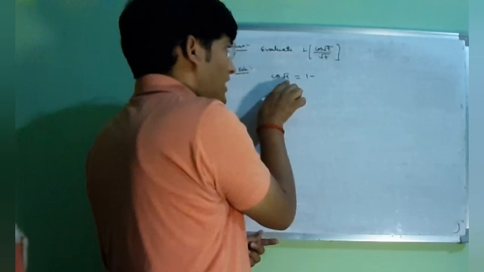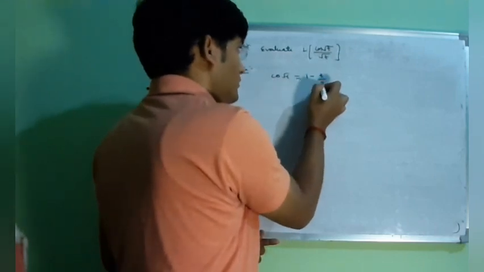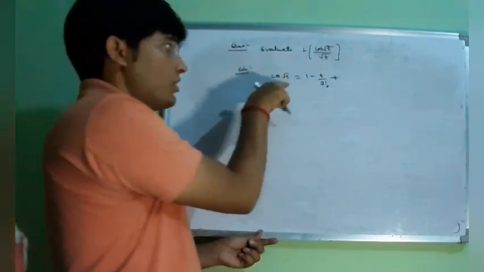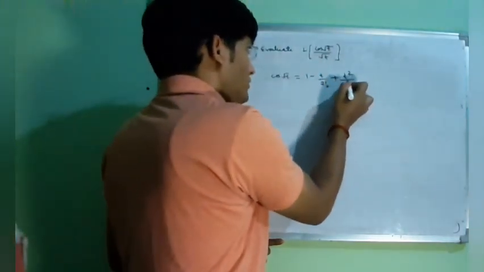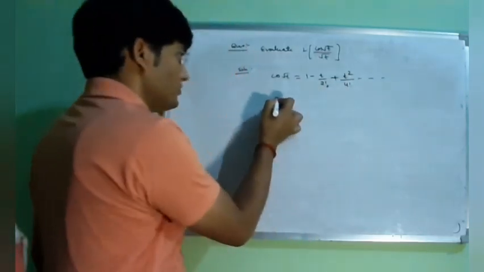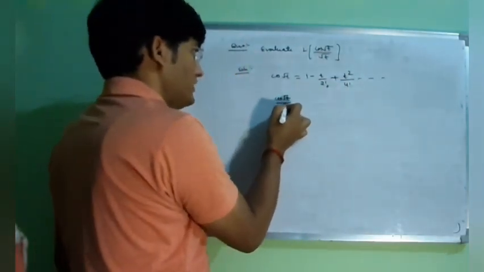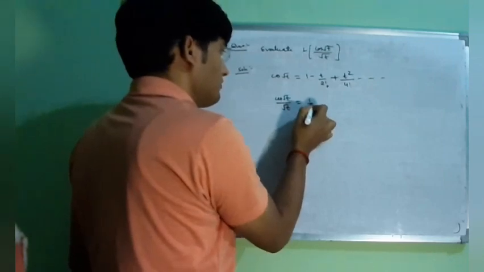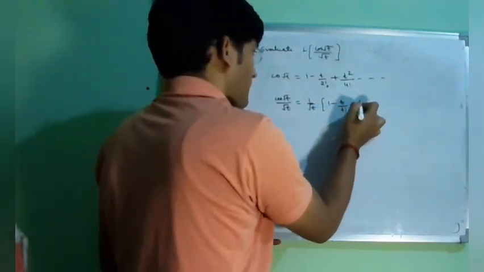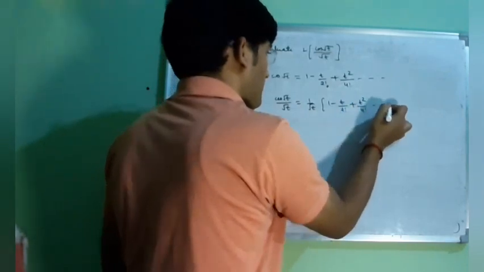So this would be 1 minus (root t) square upon factorial 2 plus (root t) power 4, that will be your t square upon factorial 4 and so on. So let us divide this one by root t.